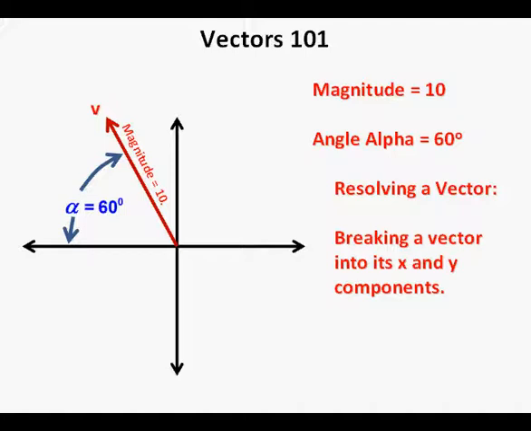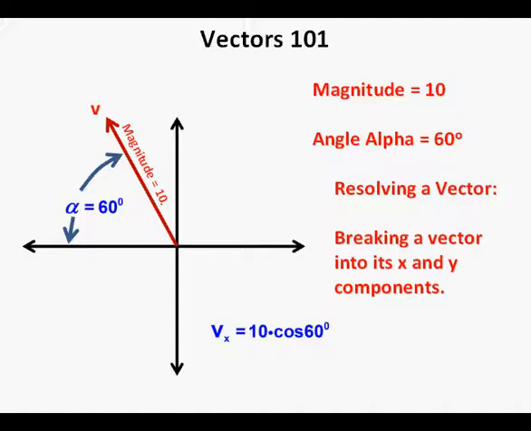What we'll do with this is called resolving the vector. It means to break a vector into components, into x and y components. Sometimes you'll hear these components called rectangular components. The x rectangular component is found by multiplying the magnitude of the vector by the cosine of the direction angle.